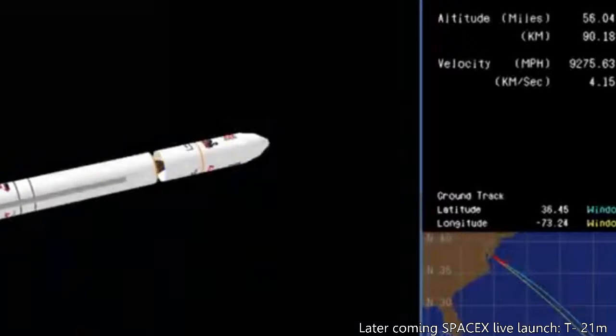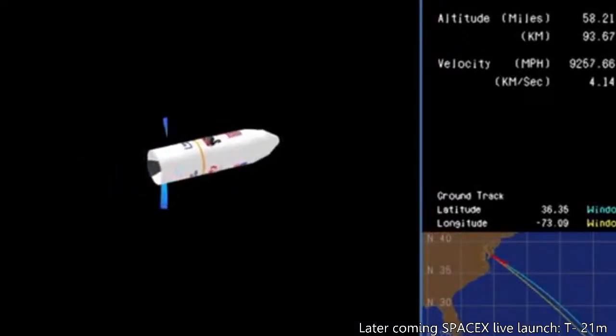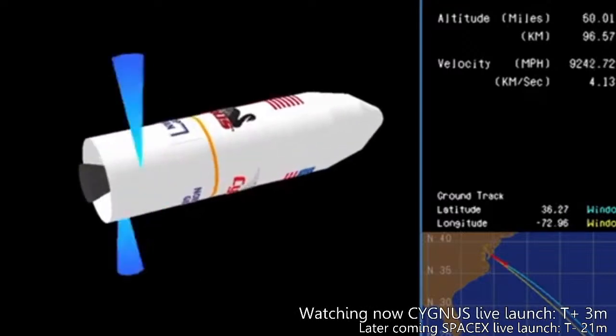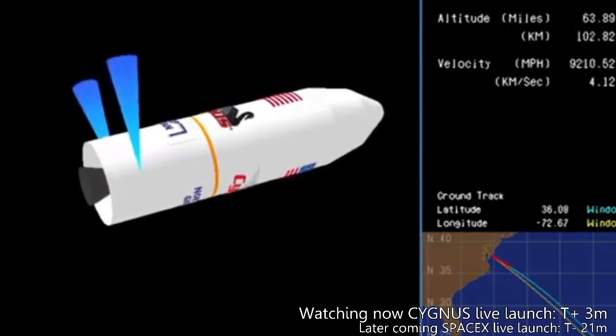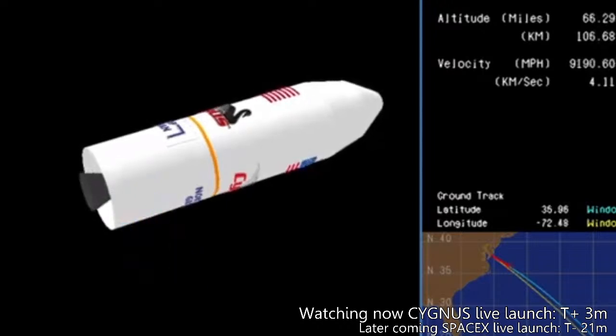Main engine cutoff. Stage 1 separation. Attitude nominal. Stage 1 separation confirmed from the Range Control Center. Antares flying straight and true. Antares in coast phase until proper conditions for fairing separation and stage 2 ignition are achieved.